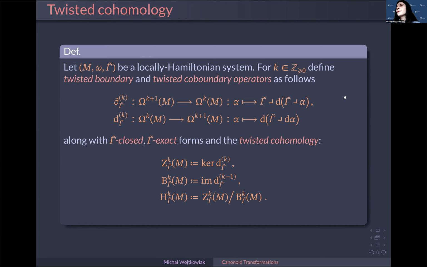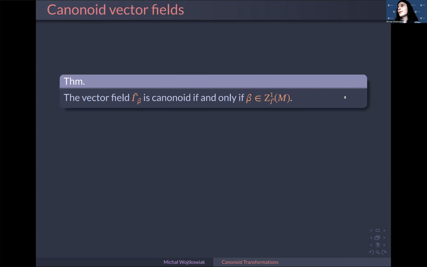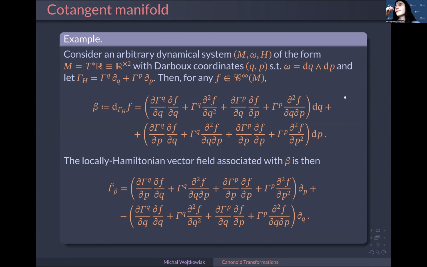Well, I have, maybe, an example of just a two-dimensional manifold, and this is the general form of an exact one form.